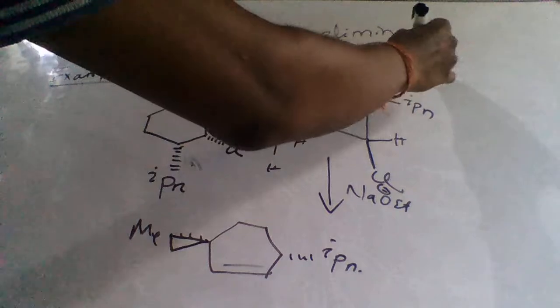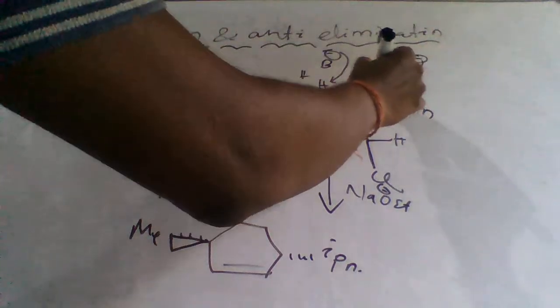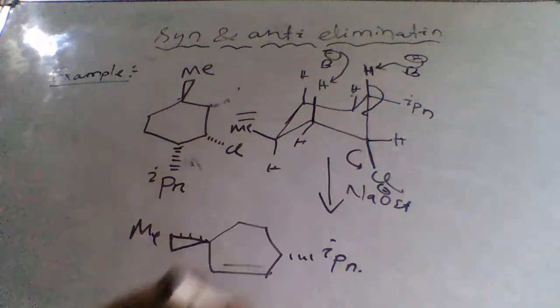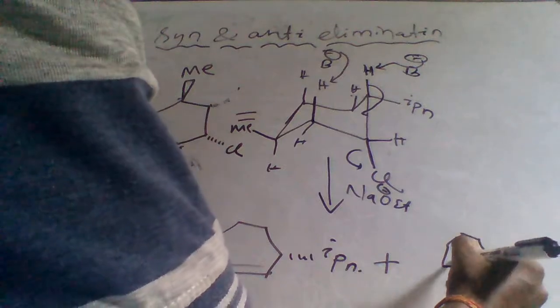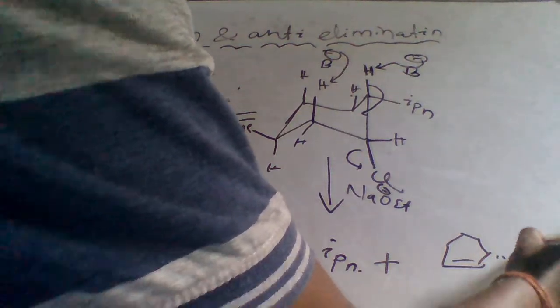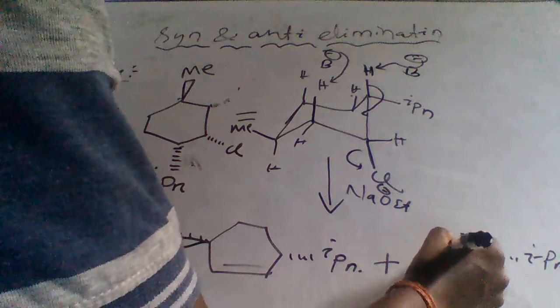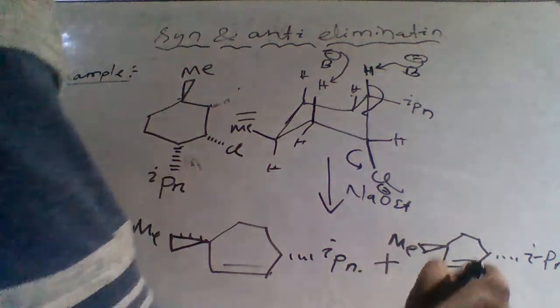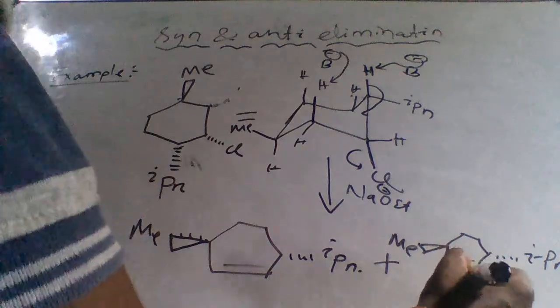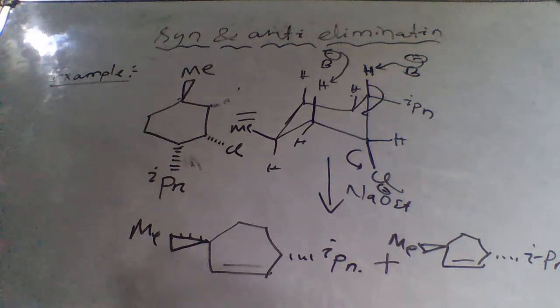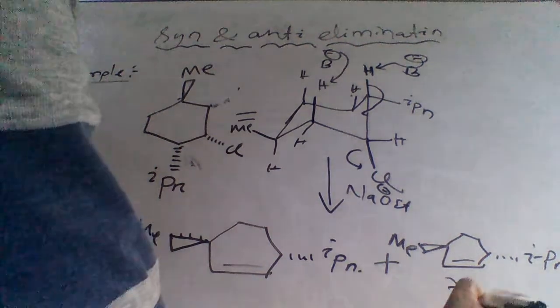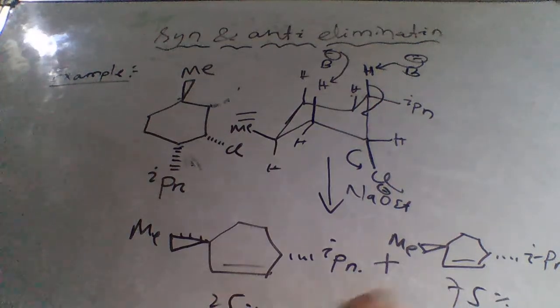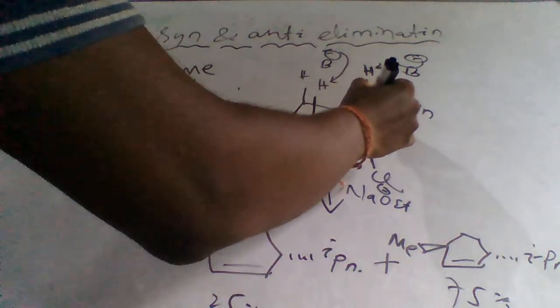When this base is attacking here, this one will go here, and this will go away, and the product which is formed, with isopropyl and this methyl, will be the major product. The ratio is 75% and 25%. 75% of this product will form because the transition state is more stable in this case.